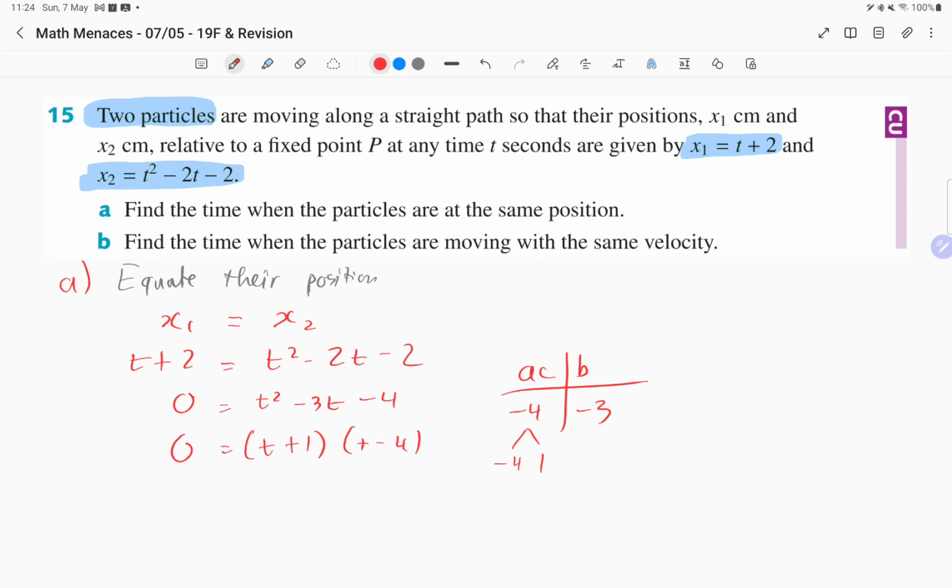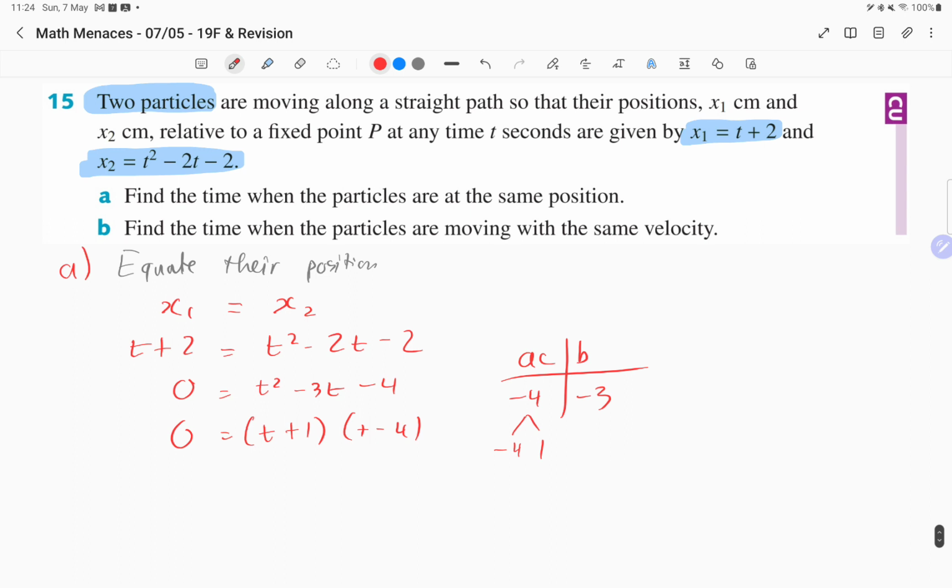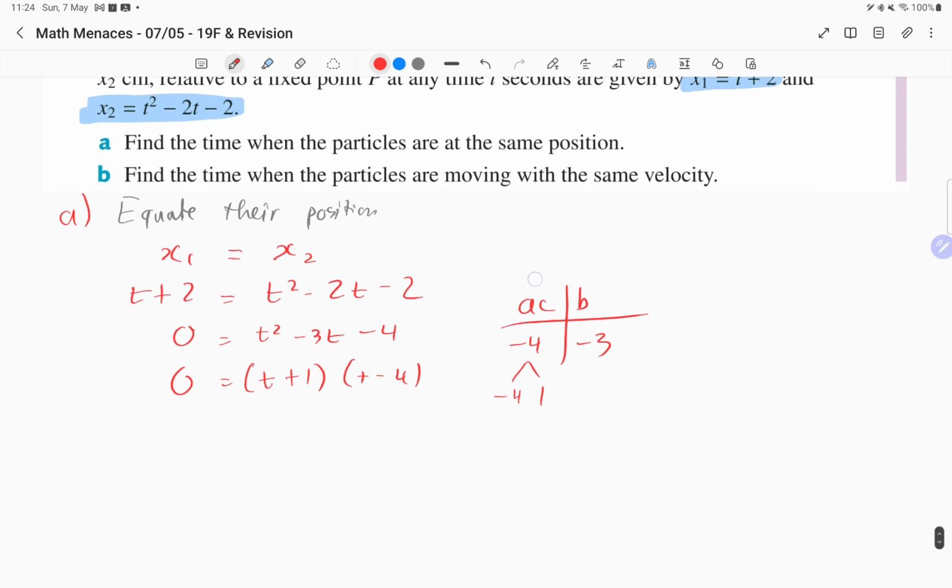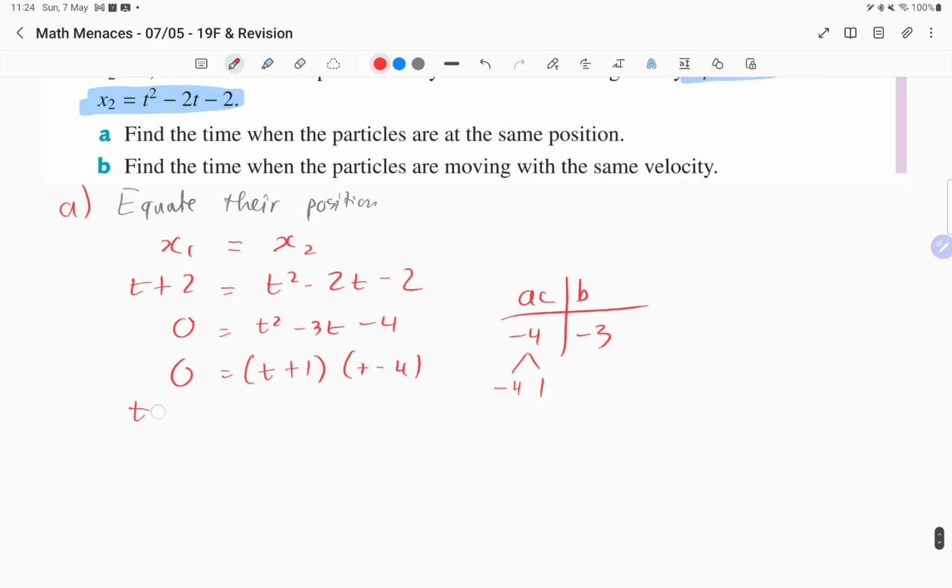So find the time, and at any time t seconds, you're assuming t must be more than 0. So you would get t equals 4 or t equals -1, and this one is rejected because time is normally always more than 0.